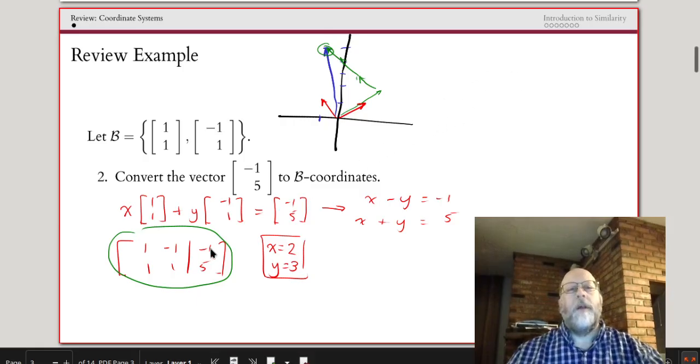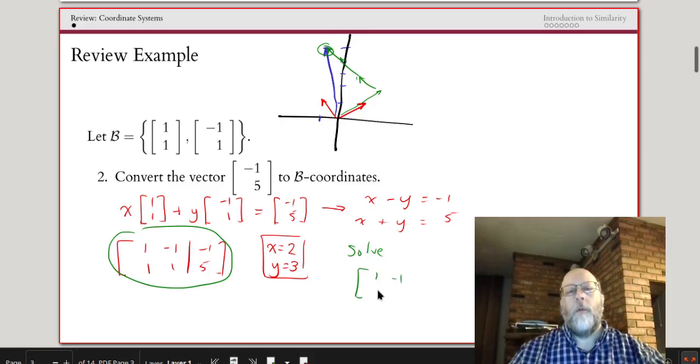This is taking this matrix here times the vector x, y, which we don't know, and the answer is negative 1, 5.